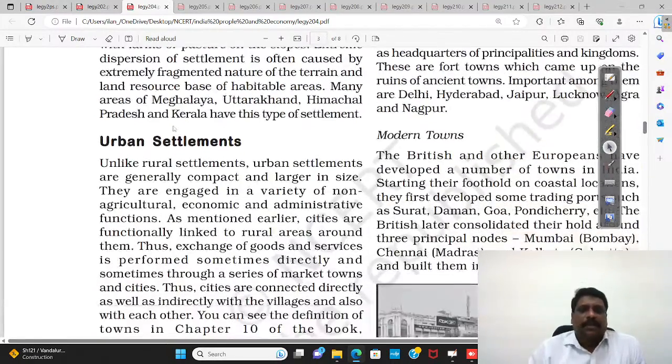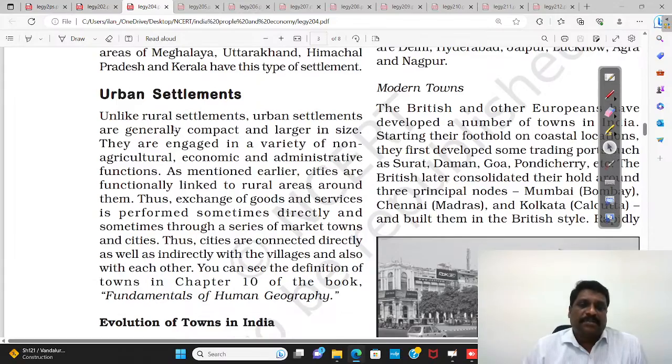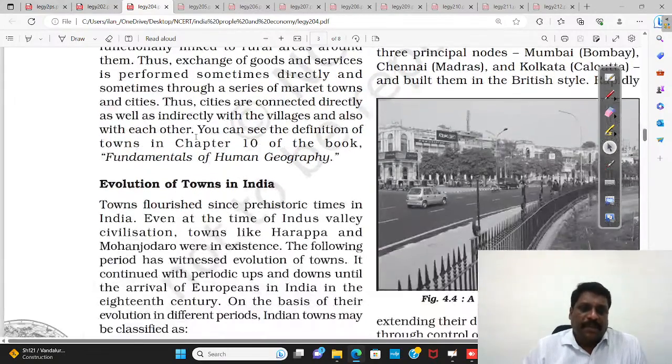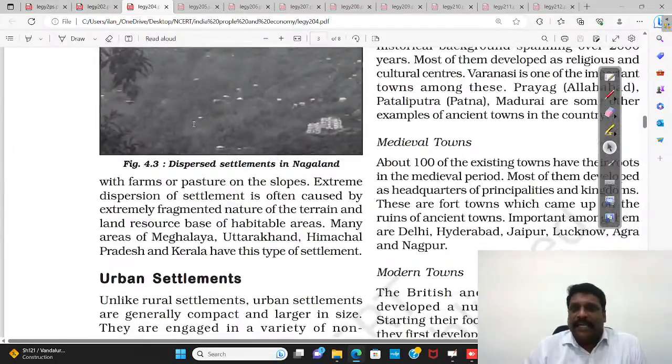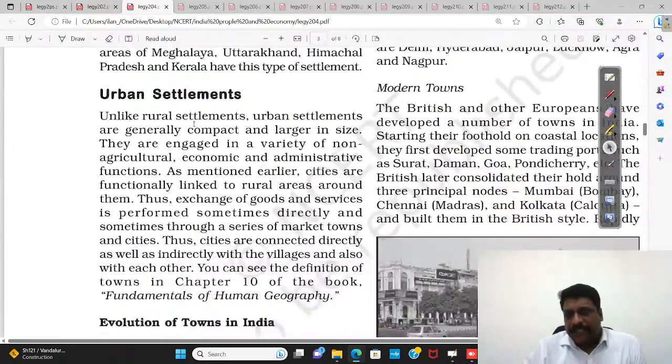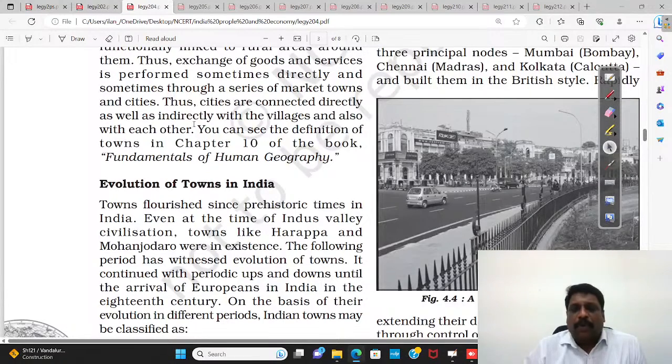Then coming to the urban settlement, my dear friends. Now the biggest question, what is an urban area? I told you that any place or region where the major economic activity is either manufacturing or service, either secondary or tertiary activity, you call an urban area.